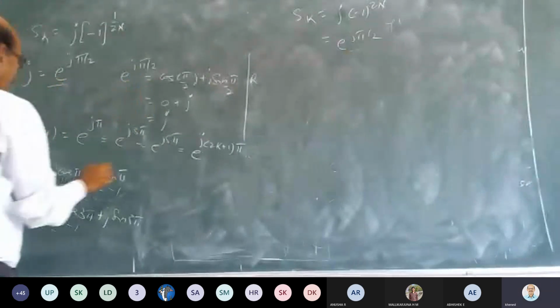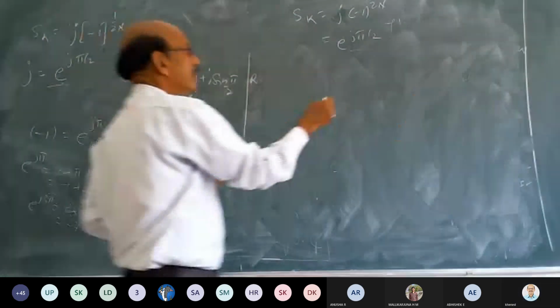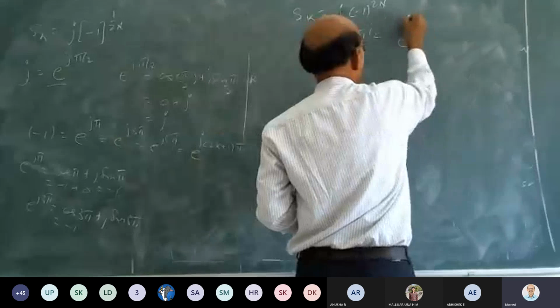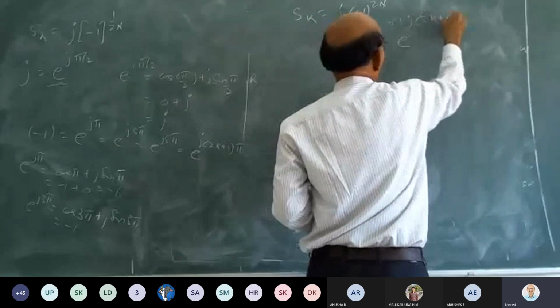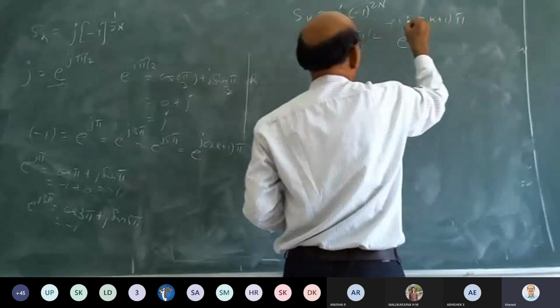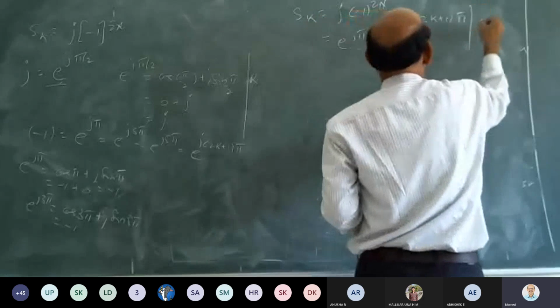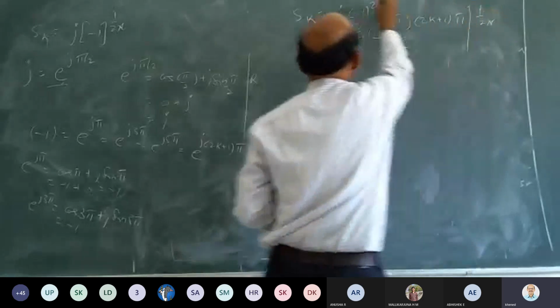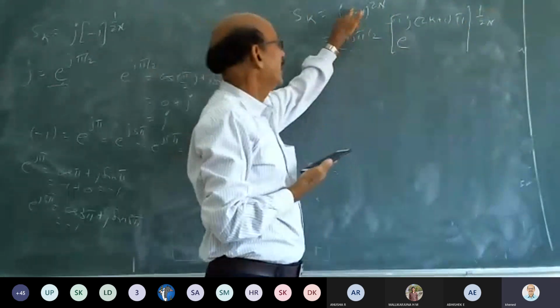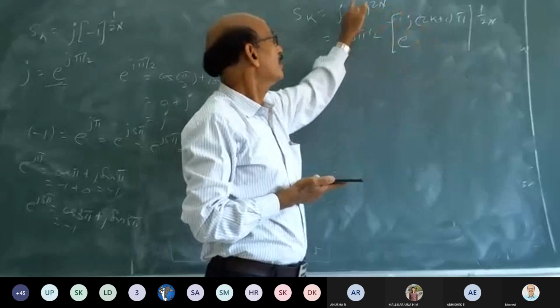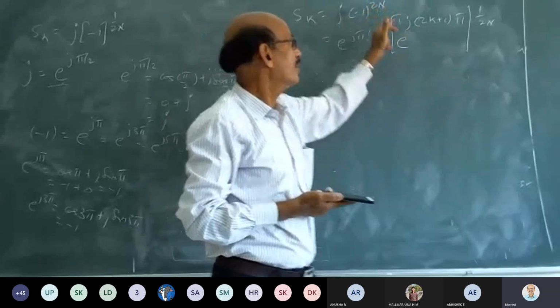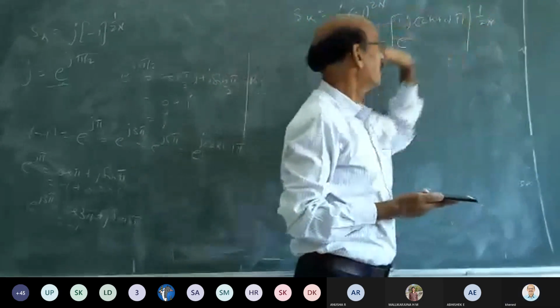And then this minus 1 is e to the power of j 2k plus 1 into pi. This to the power of 1 by 2n. Minus 1 value is this. So minus 1 to the power 1 by 2n.